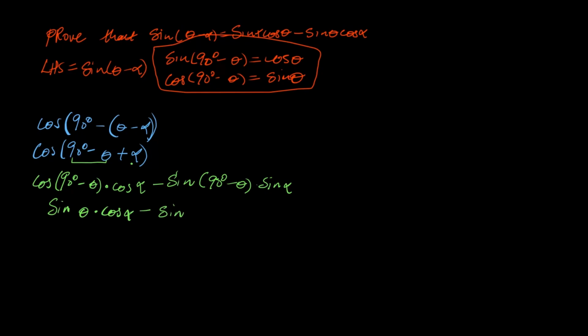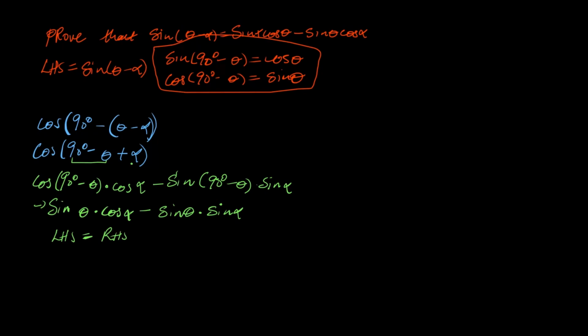This is sin theta multiplied by sin alpha. So this is a trigonometric identity. We have proved that the left hand side is equal to the right hand side in our case.